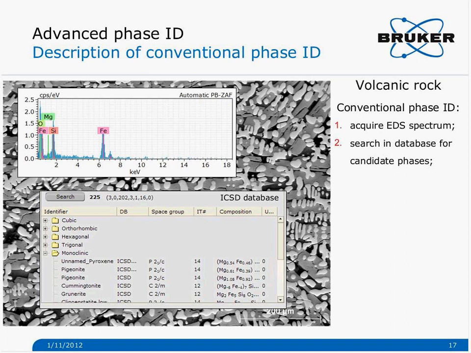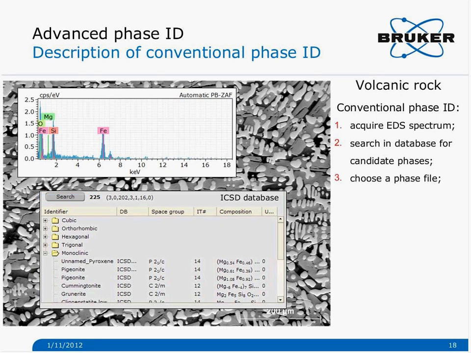For this particular chemistry, searching in ICSD, the Inorganic Crystal Structure Database, the search engine found 225 entries.